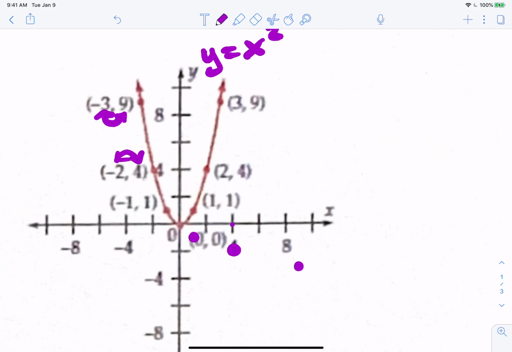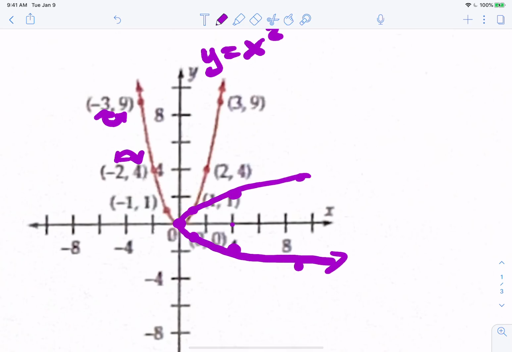So I'm just taking these coordinate points and flipping them around. That's what inverses do. They invert the coordinate points x and y. Now this point 1, 1, what happens if I flip it around? It's still 1, 1. 0, 0 just stays at 0, 0 as well. 2, 4 switches to 4, 2. 3, 9 switches to 9, 3. And we get a parabola that's on its side, just like we said.